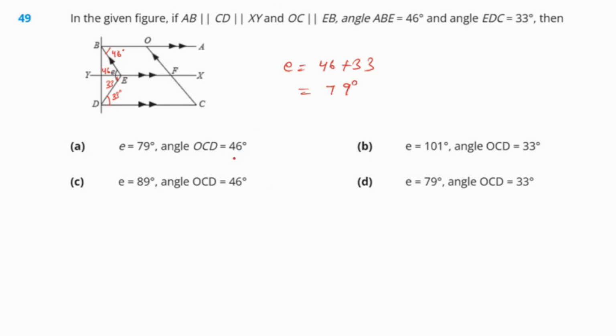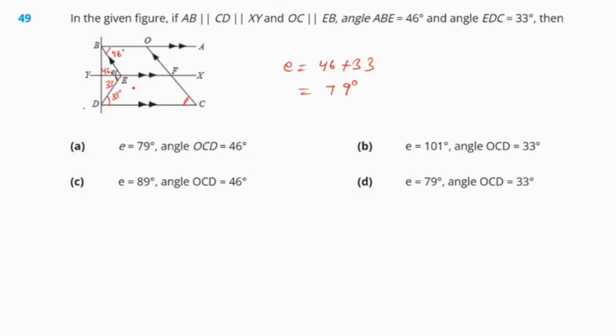Now we need to figure out angle OCD as well. This angle we need to figure out, the measurement of that angle. Okay, listen. If this is 79, this angle is 79.